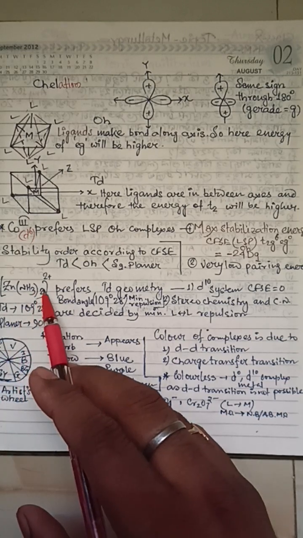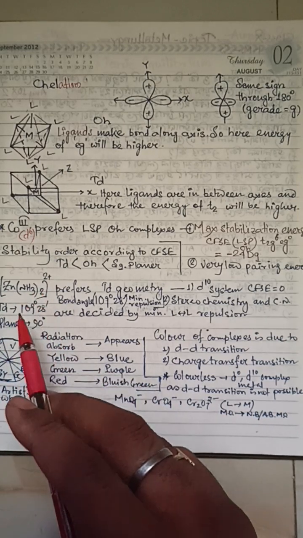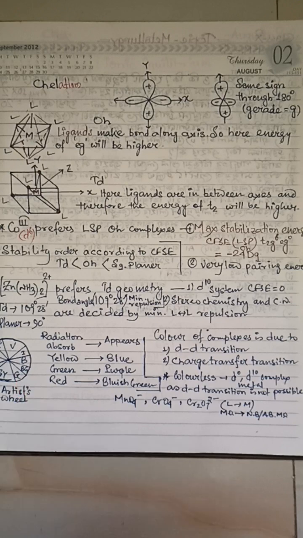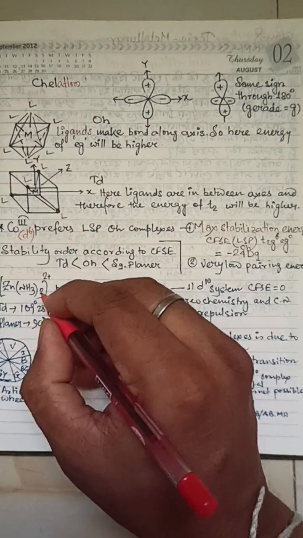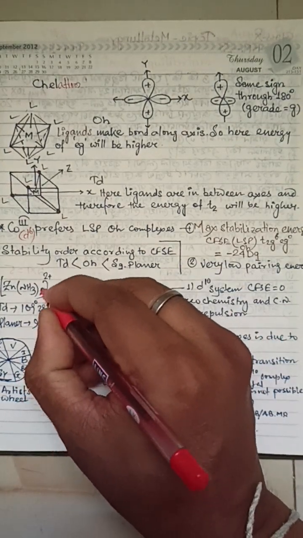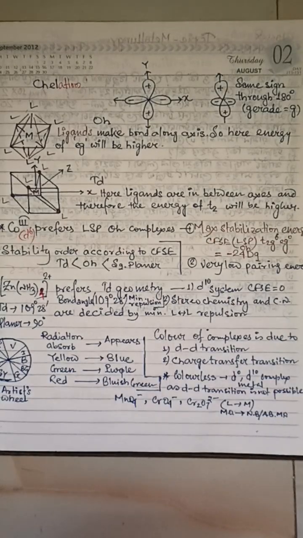Here the coordination number is 4, with four ammonia molecules, and it forms a tetrahedral complex geometry, because in tetrahedral geometry the bond angle is 109 degrees 28 minutes. That means the bond angles are far apart from each other, giving the lowest repulsion value and greater stability.